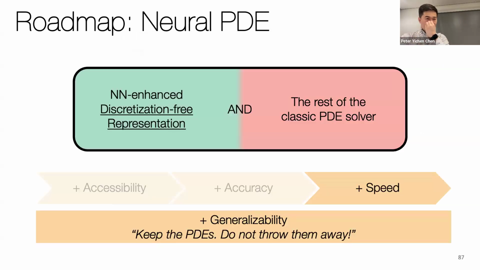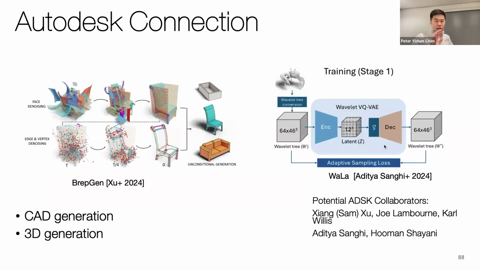So this is the third part of my talk on this neural network enhanced digitalization for representation to really speed up these solvers. And I think there are a lot of very concrete collaboration opportunities with Autodesk, right? You guys are doing amazing work in these 3D shape generations, and in particular, CAD generations that enforce these CAD models, right? So essentially these models have a latent space representation, right?